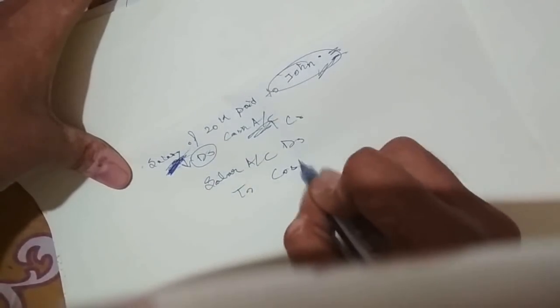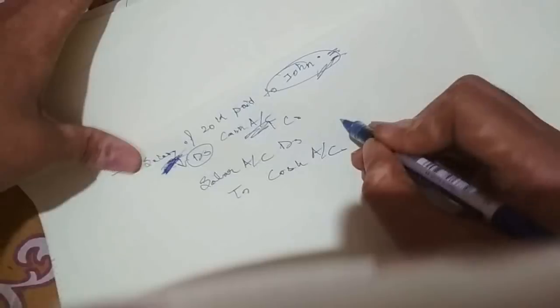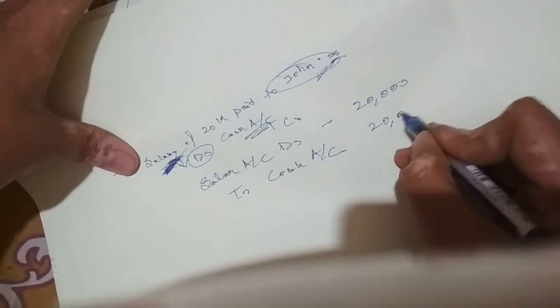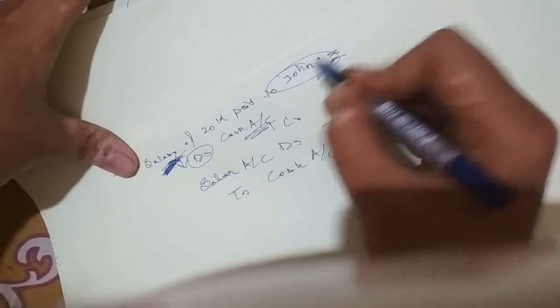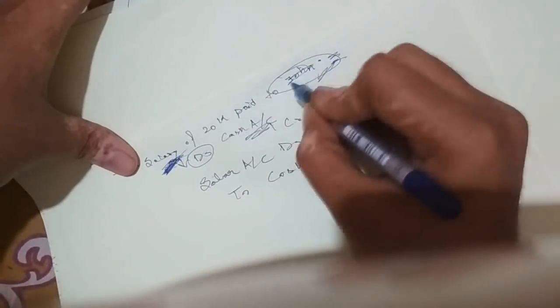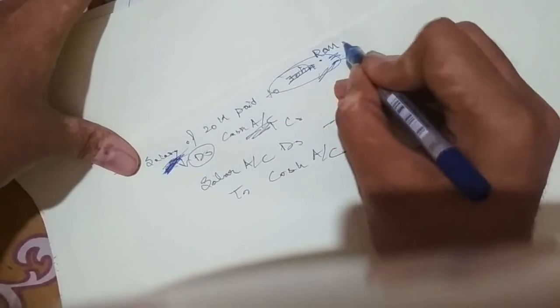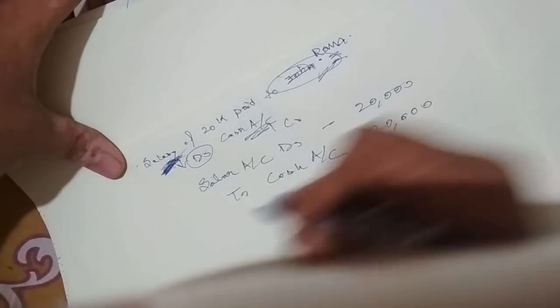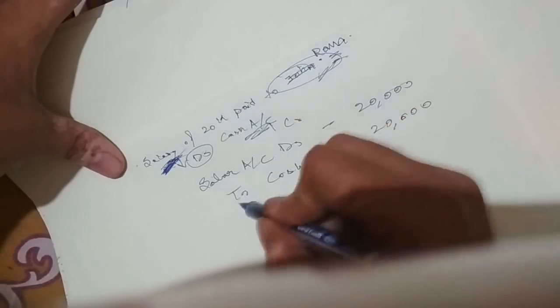So salary account debited to cash account. So it's 20,000. Let's say Ram, it's easy for that. The salary account debited to the cash account.